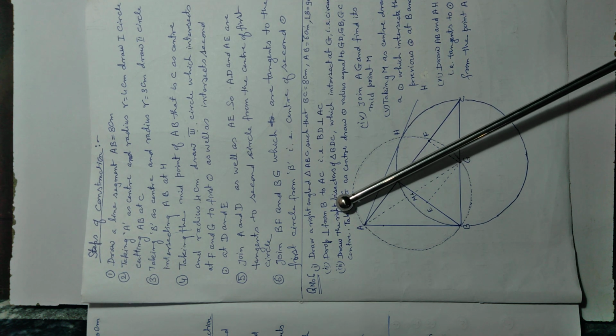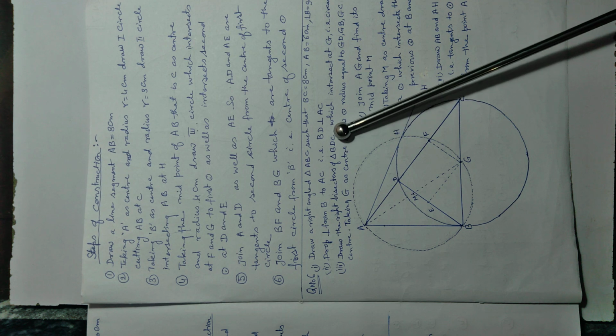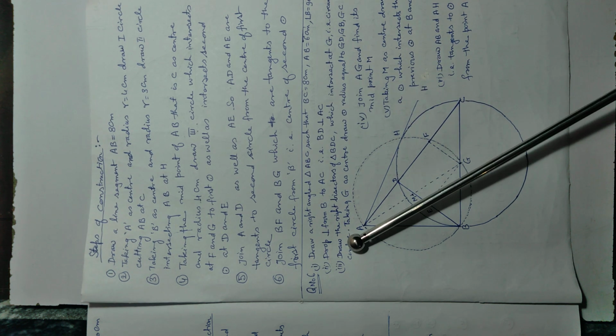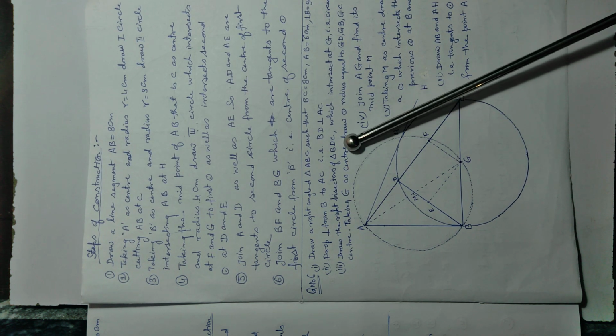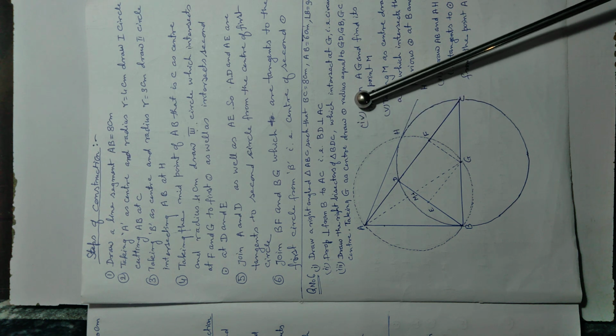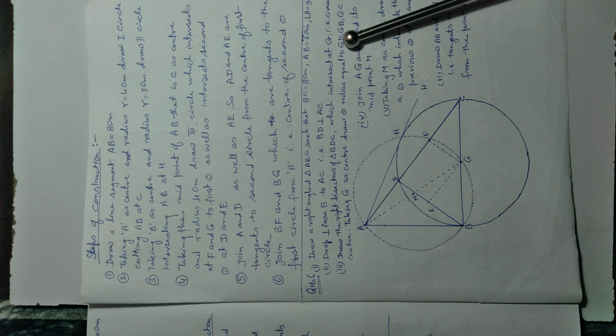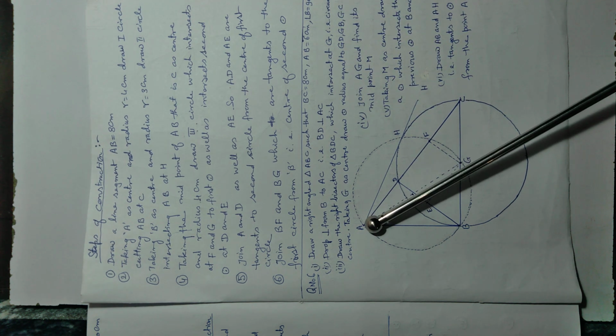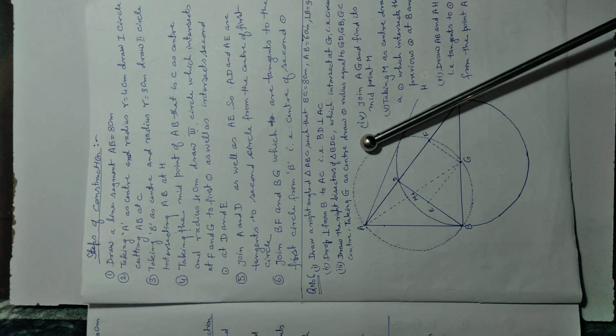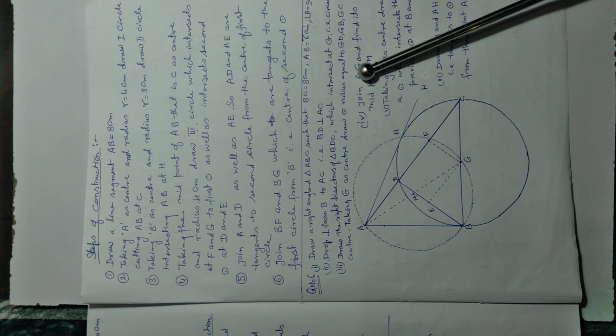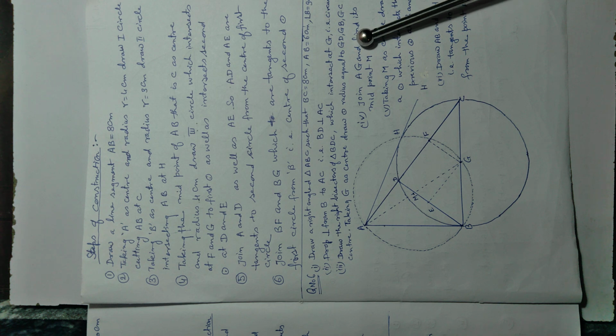Draw perpendicular from B to AC, that is BD is perpendicular to AC. Draw the right bisector of the triangle BDC, which intersect at G, that is the circumcenter. Taking G as a center, draw the circle radius equal to GD, GB, GC.